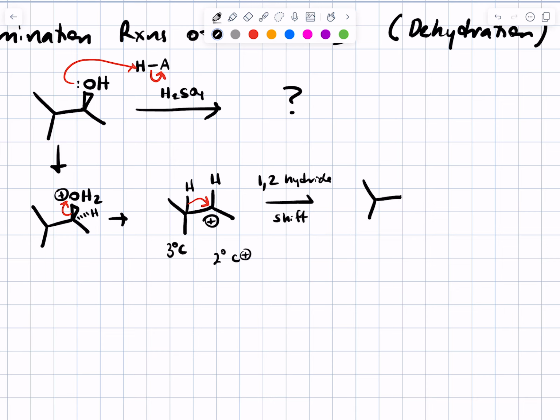That's going to convert my less stable secondary carbocation into a more stable tertiary carbocation. This would be an equilibrium process. It could go forwards and backwards, though you would think that it would be better to have a more stable tertiary carbocation. I want you to show the products that would come from both of these.